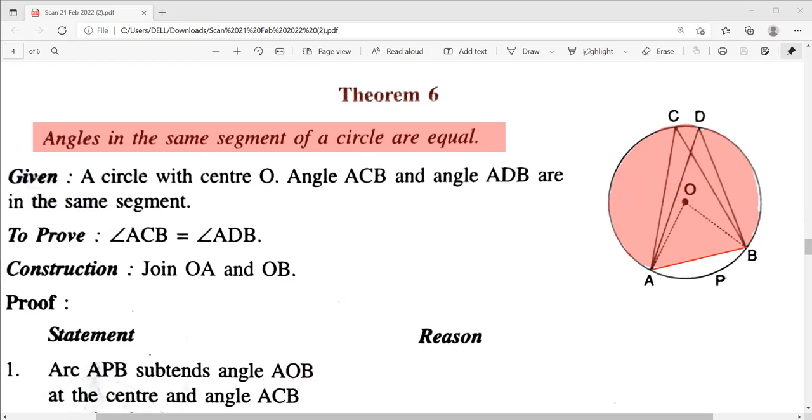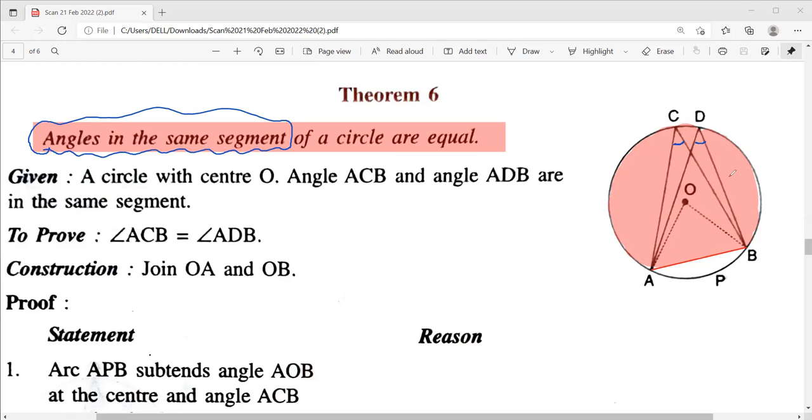Now, these two angles which you notice, try to understand. These two angles are angles in the same segment. Which segment? The major segment. See, this angle and this angle. So by writing angles in the same segment, they mean these two angles.